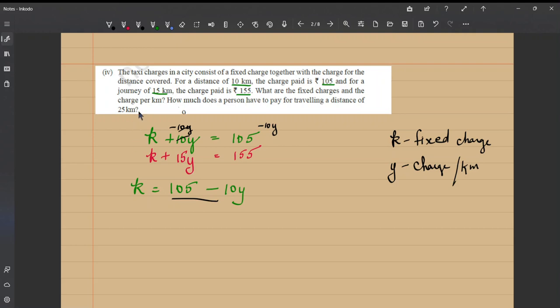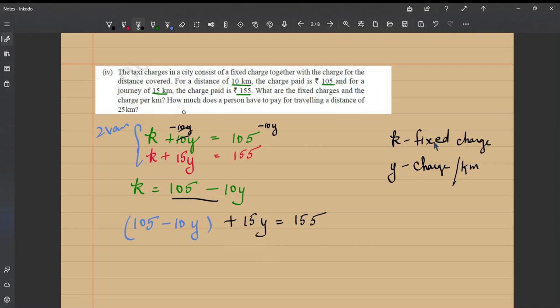My purpose was I am reducing this two variable equation to a single variable equation. So instead of K in the red equation, I will write 105 minus 10y, right? This is instead of that K, plus 15y is equal to 155. So now I have an equation in a single variable and now I can solve for y.